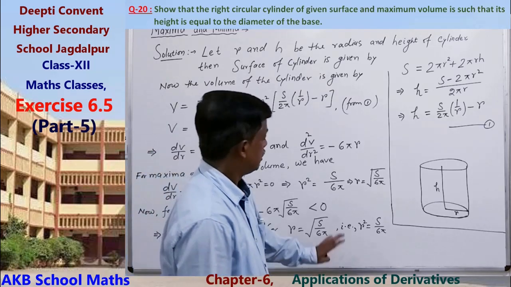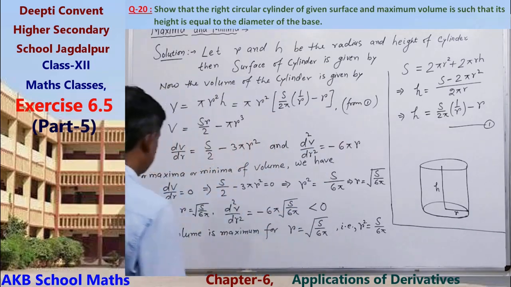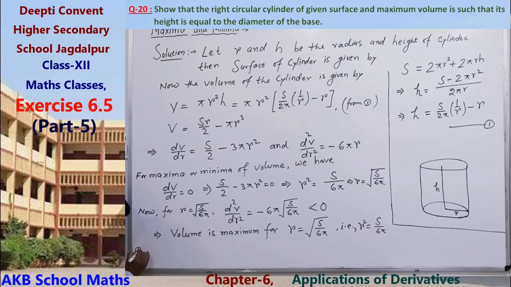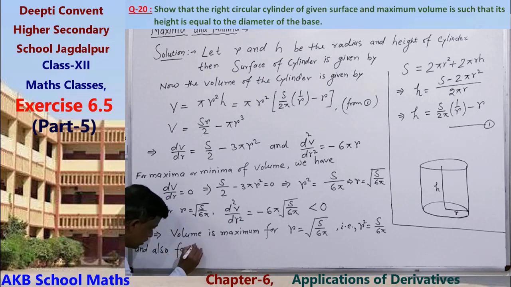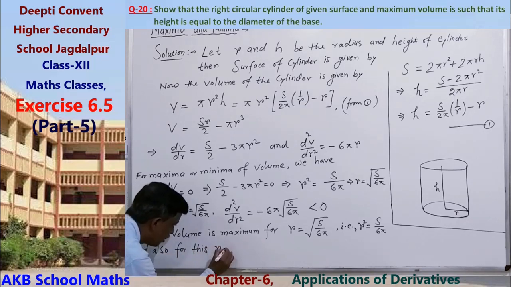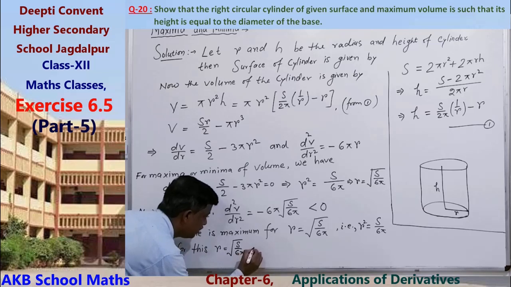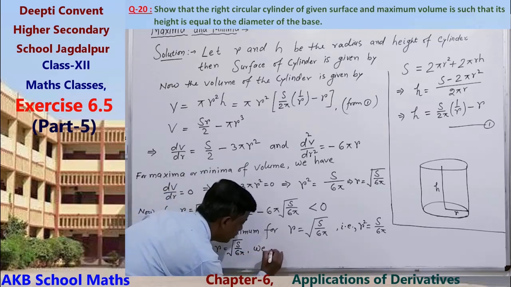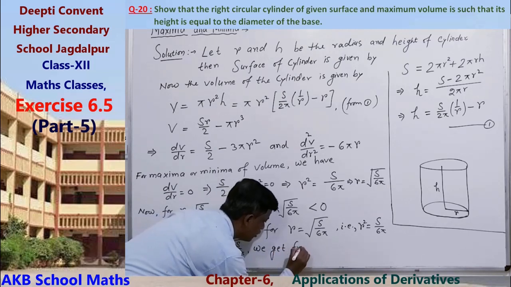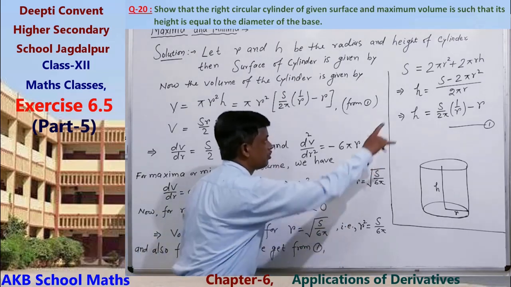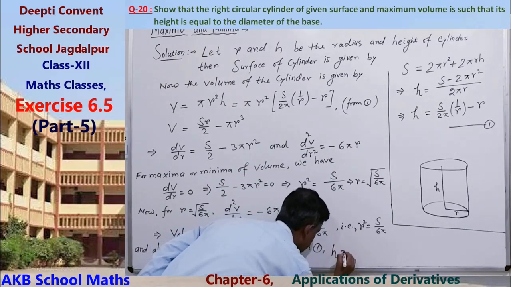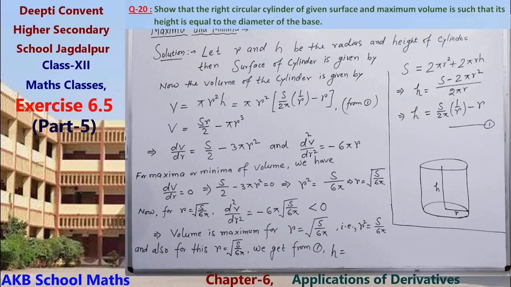So, in this case the height, also for this r equals root S upon 6 pi, we get from 1, h equals S upon 2 pi here.